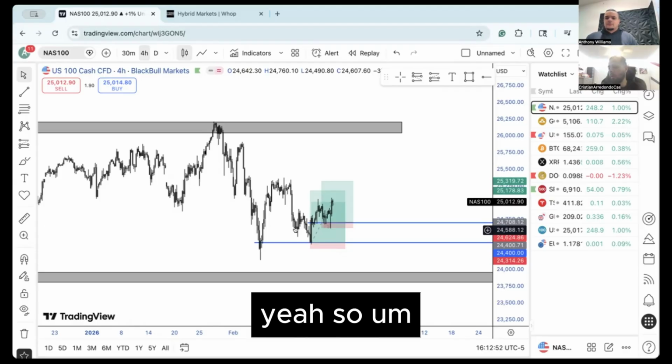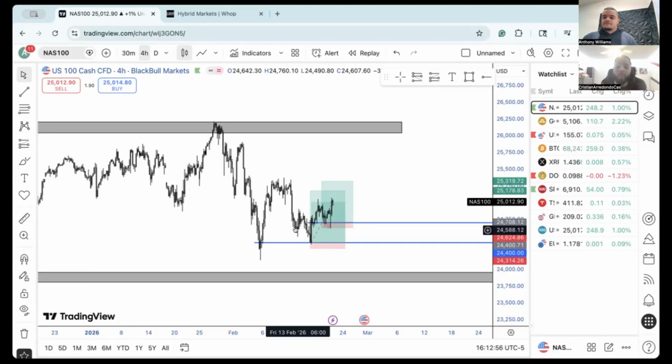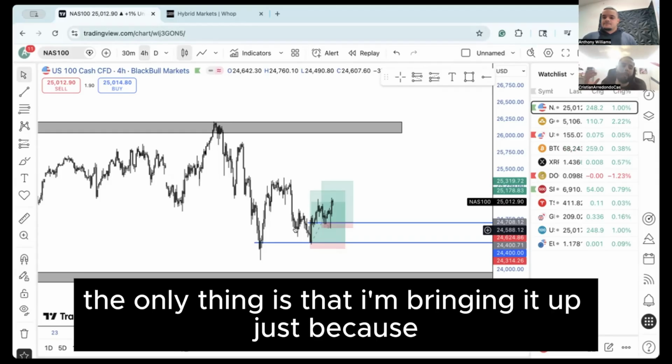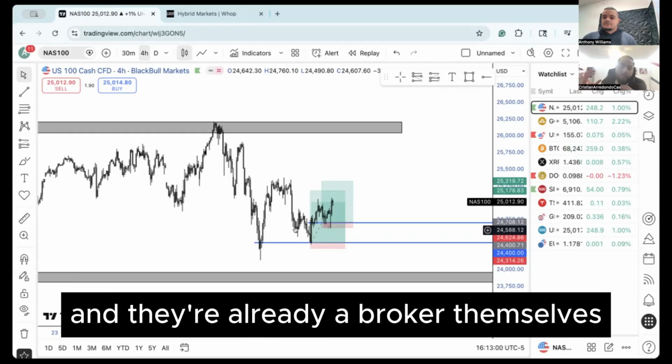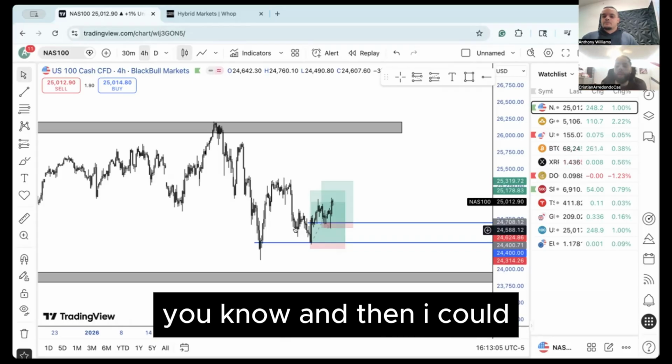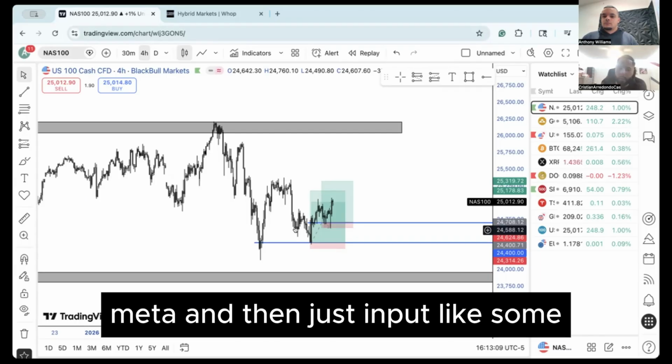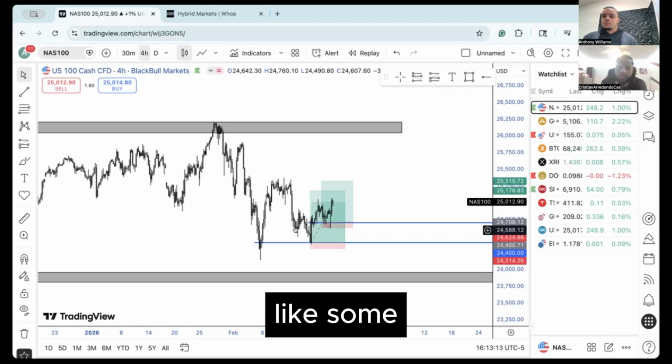Yeah. Well, to be honest with you, I'm not 100% comfortable. The only thing is that I'm bringing it up just because I have that capital there and they're already a broker themselves. And then I could also download MetaTrader and input some extra money there.